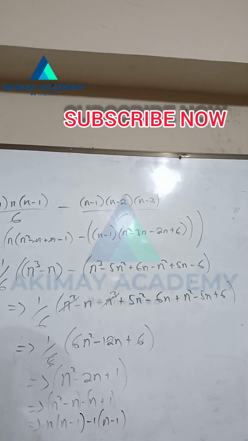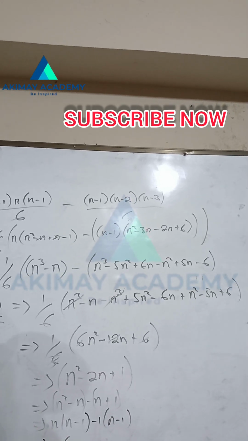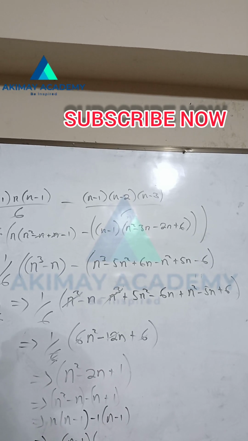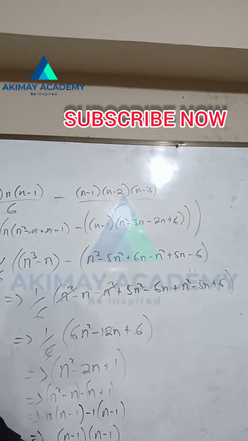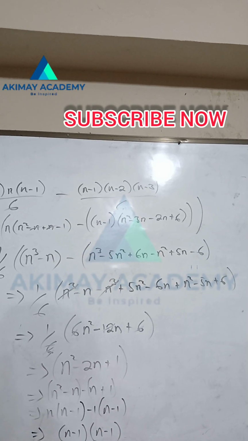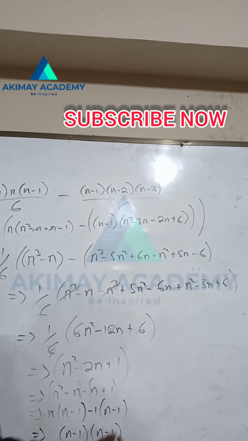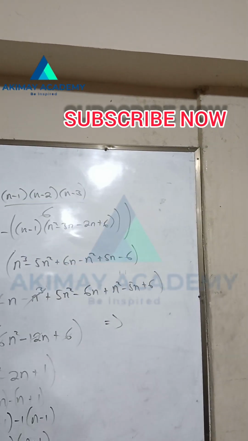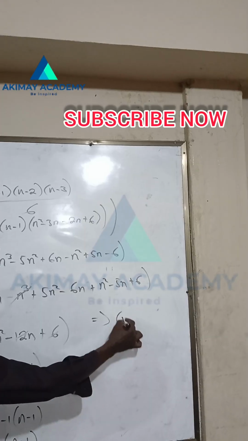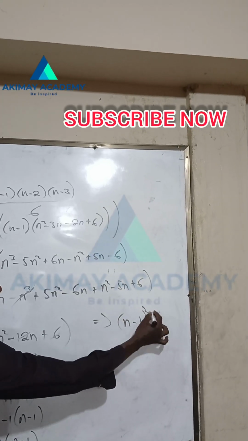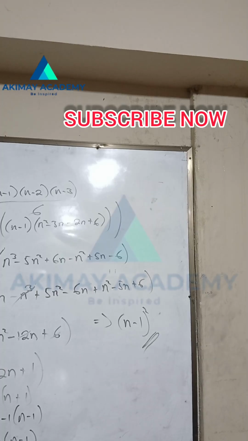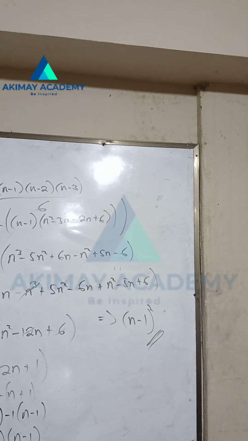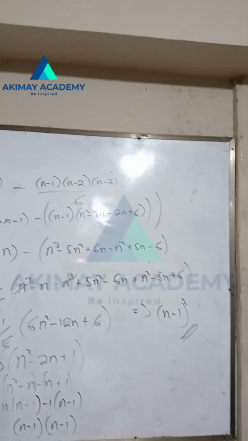So at the end of the day, we are going to have (n minus 1) and (n minus 1). You can see they are the same, repeating factors. So you can put this together and have our final answer to be (n minus 1) all squared. And this should be our final answer of this particular problem.